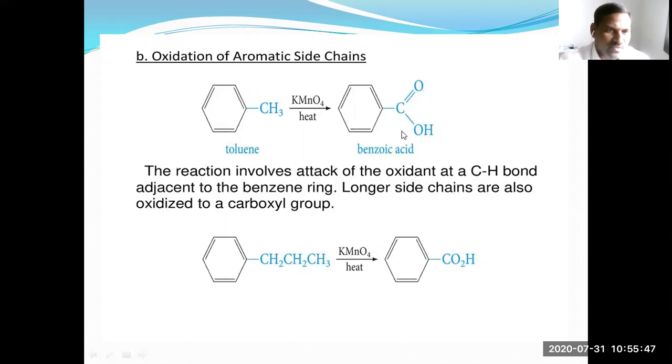You can get benzoic acid. Whereas when a propyl group is present, this is N-propyl benzene, oxidation takes place and you can get benzoic acid.